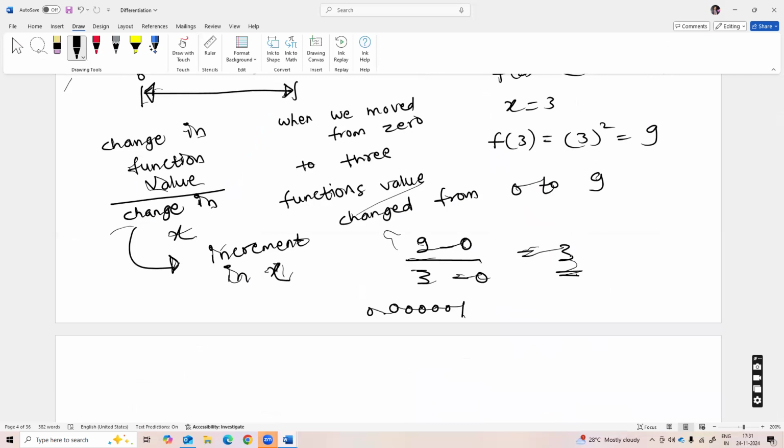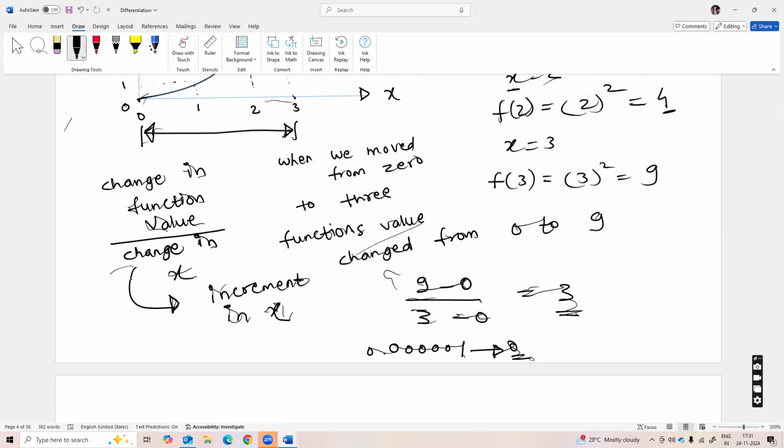In the first case the increment was 0 to 3, a large increment. But in this case the increment is almost tending to 0, or almost equal to 0.